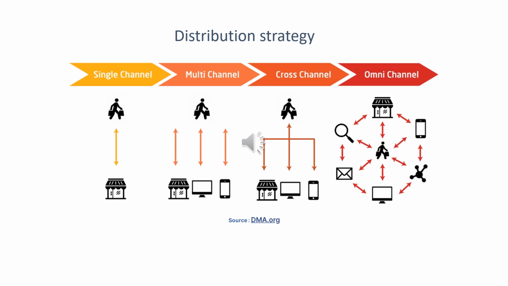So this is combining both physical and digital at the same time. So it's really considered the most advanced, which companies have to develop. It's a key success factor for a company to have an omni-channel strategy.